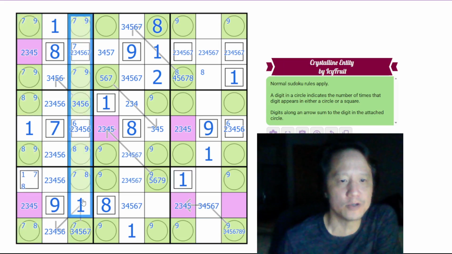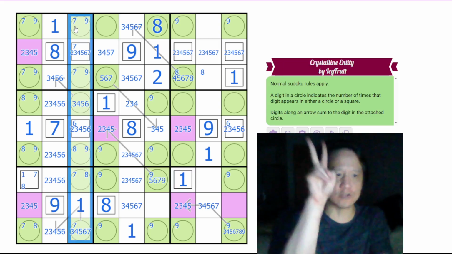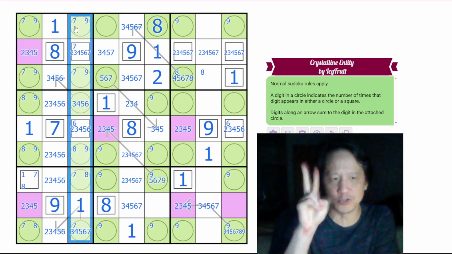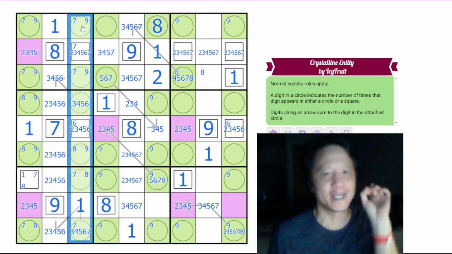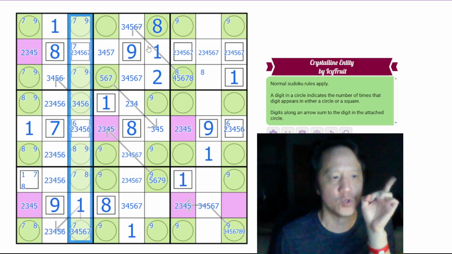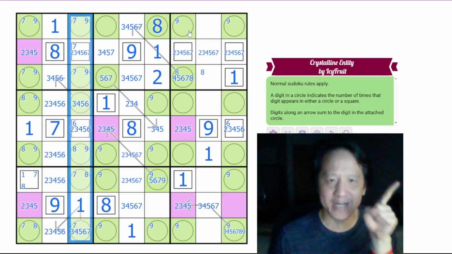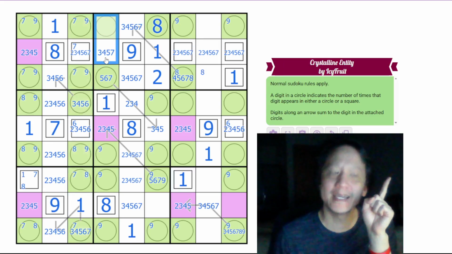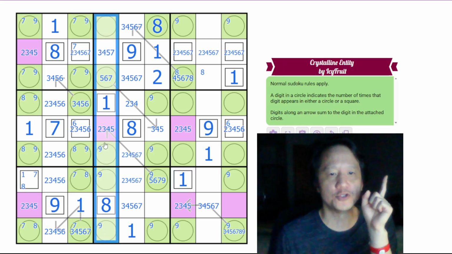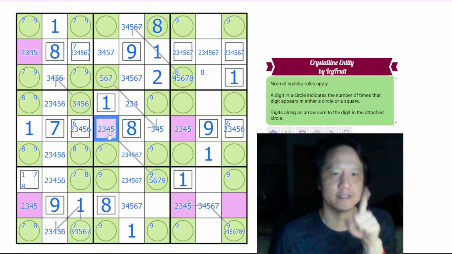We already know 2 is in column 3. That accounts for 2 2s in circles and squares. The rest of them cannot contain a 2 in the circle or square. But this can't be 2. So therefore, in column 4, the 2 would have to be in this square.